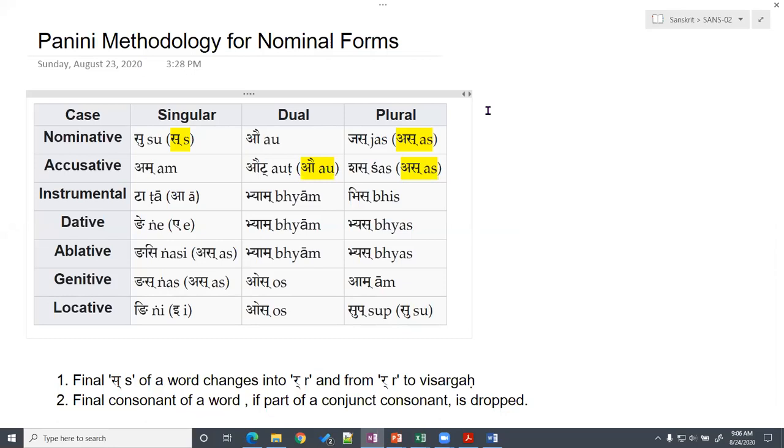Nasi, bhyam, bhyas. Nas, os, am. Ni, os, sup.